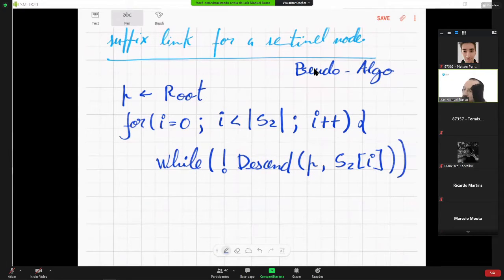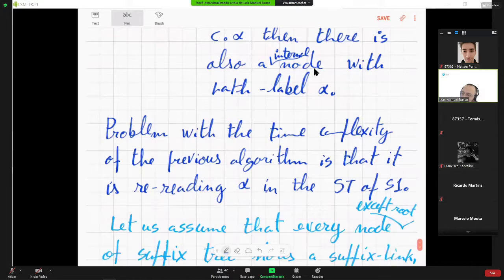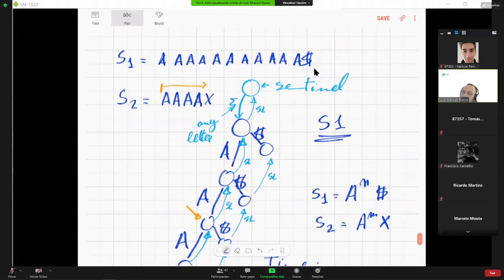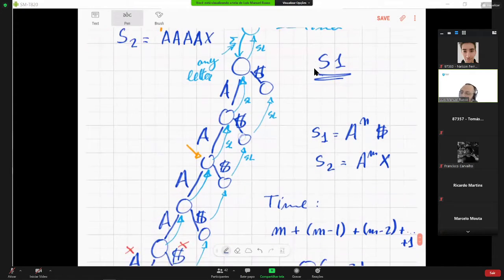So what am I doing here? I'm checking if I can descend using the letter that I'm trying to read. Like in this example over here, where I had a bunch of A's and an X. When I reach the X, I'm trying to descend by X, and I'm not able to descend by X.